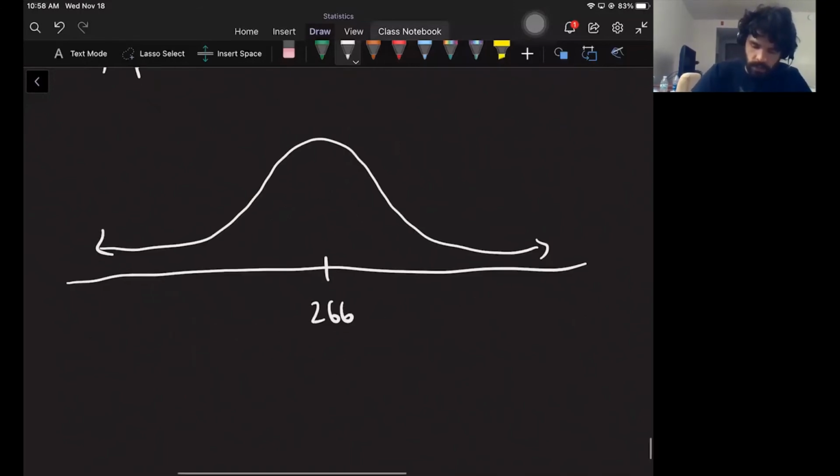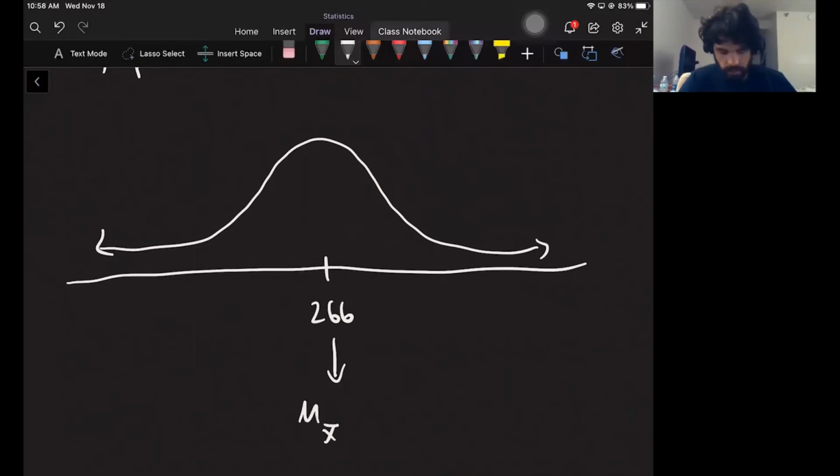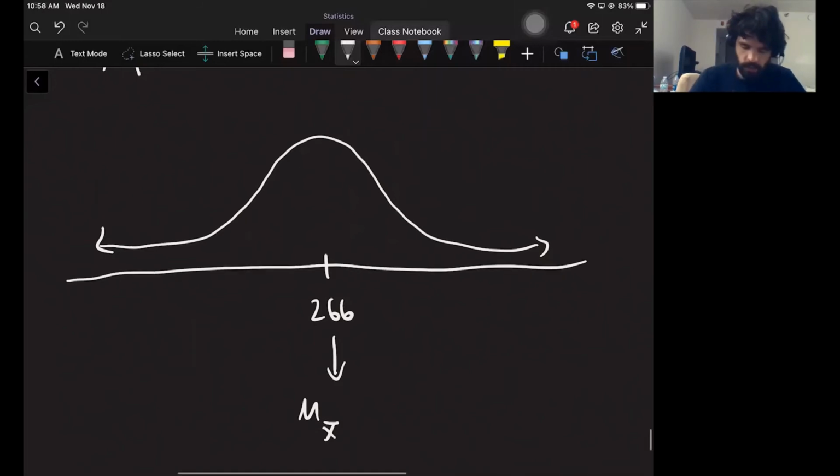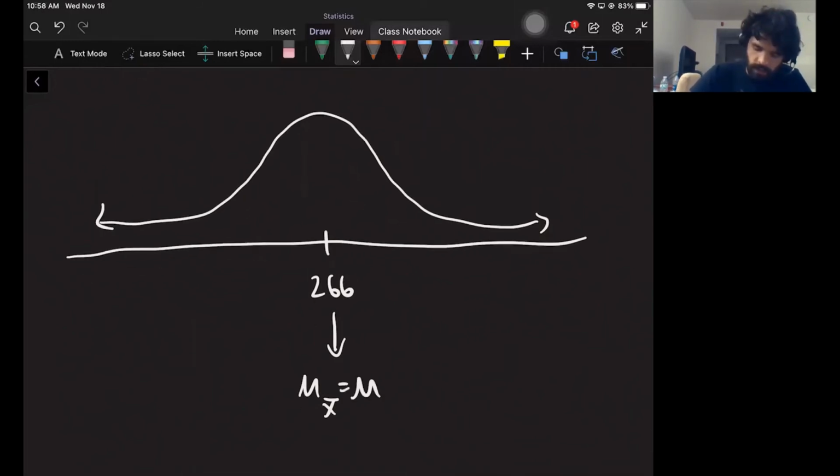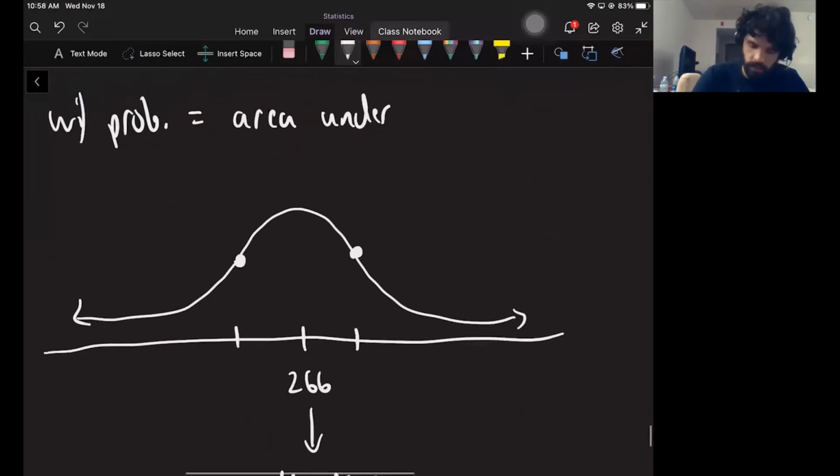So this is the mean of this distribution, and it just always turns out to be the same as the population mean. But the standard deviation is not the same as the population standard deviation. Let me write this up here.